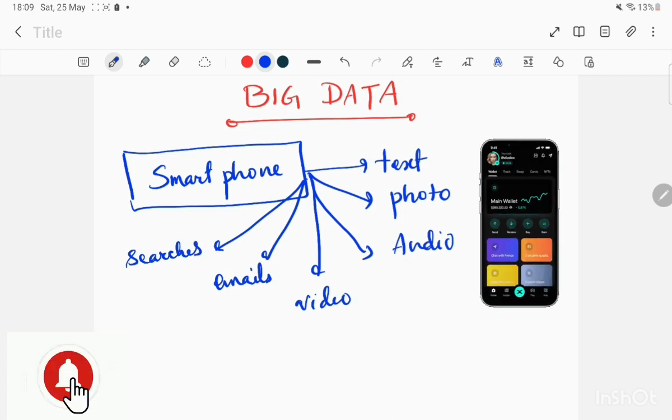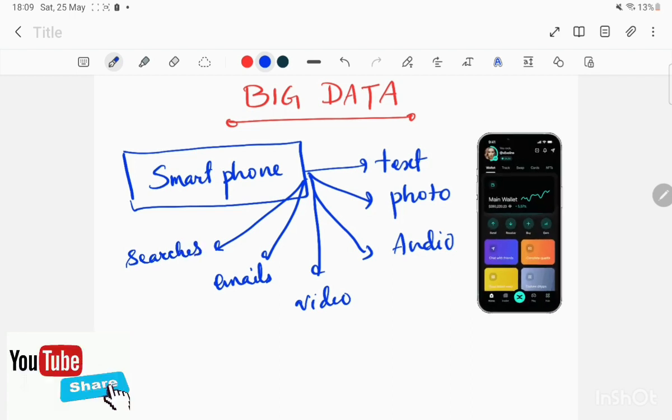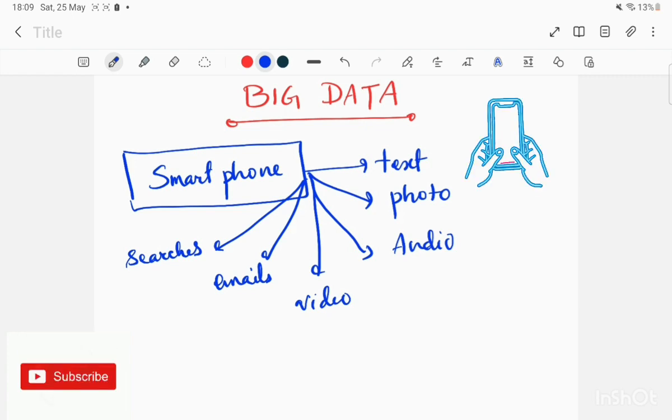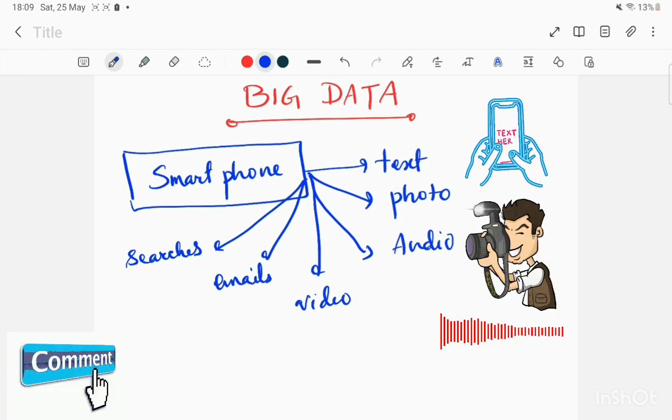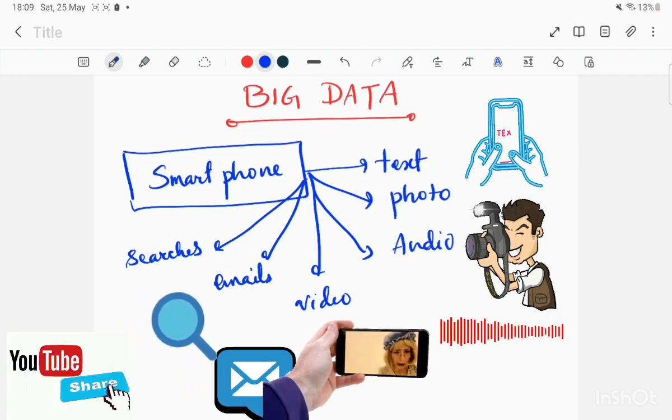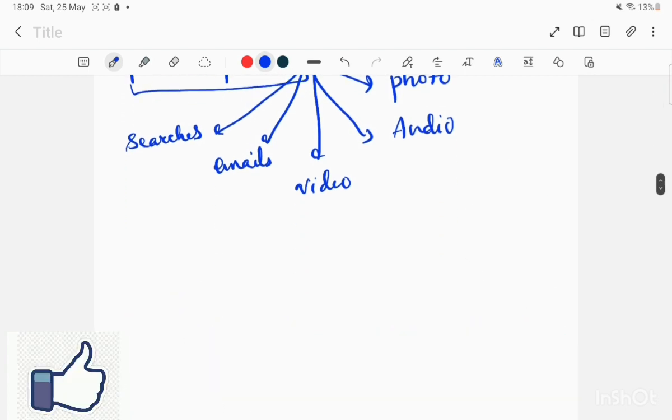Google search, whatever answer we want, we search it online. Now, have you ever wondered how much data you are actually generating through this mobile phone while sharing text messages, photos, audio, video, email, searches, etc. So there is an approximation about it.